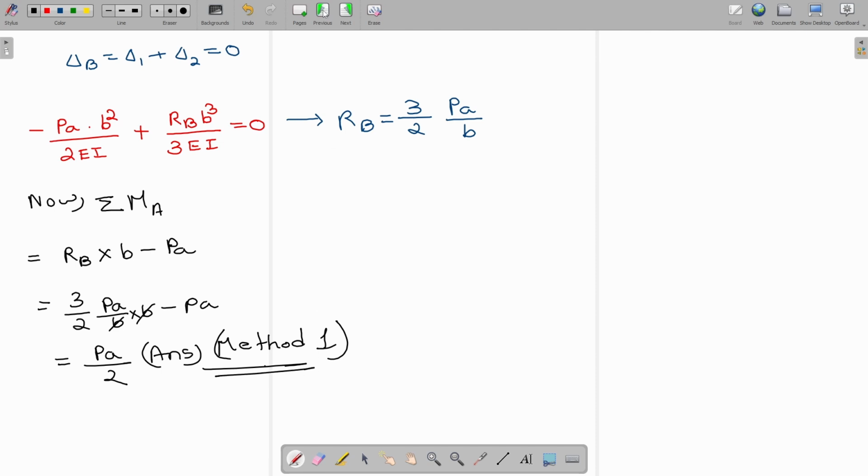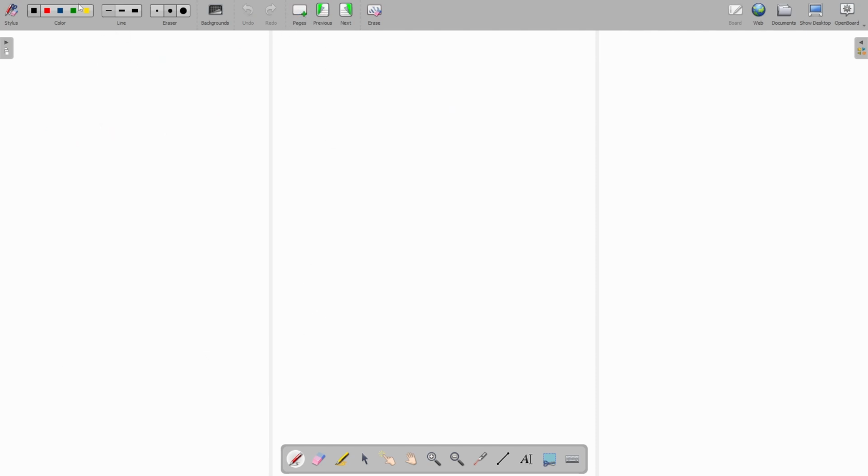Now for method 2. Question number 2.4, method 2. Method 2 is based on carryover factor. Now bear with me, I'm going to write a formula and explain it. So this is the formula.